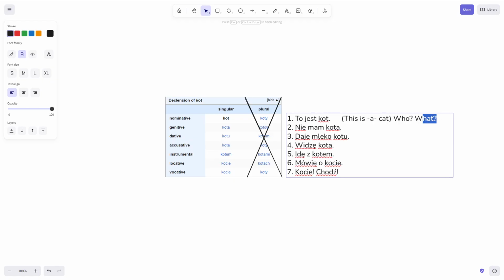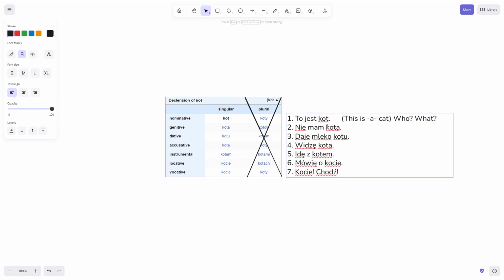This is what? This is cat. Okay, I hope it makes sense. This is what? And then we insert the noun form that answers that question, what? Cat. Great.